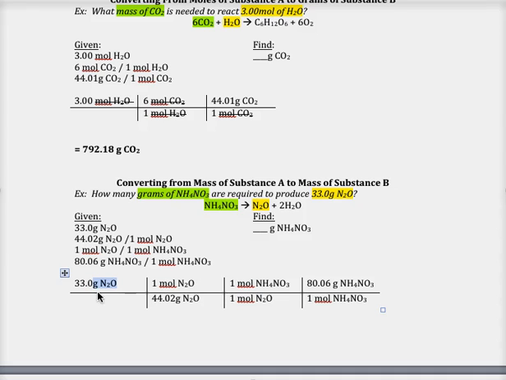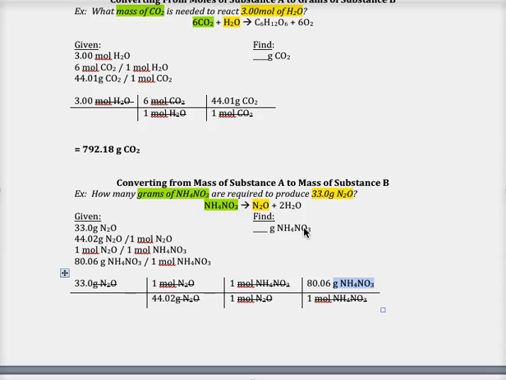Now I double check my units to make sure I can go ahead and do the math. So let's cancel out grams N2O and grams N2O, moles of N2O, moles of N2O, and then on the top I have moles of NH4NO3 and finally moles of NH4NO3. Let's make sure our final unit, grams, is what we want. Look at it, it matches.